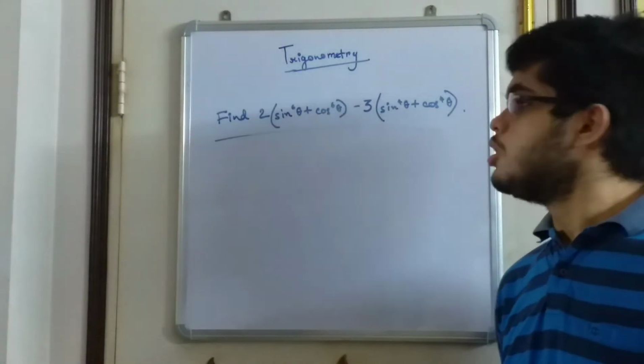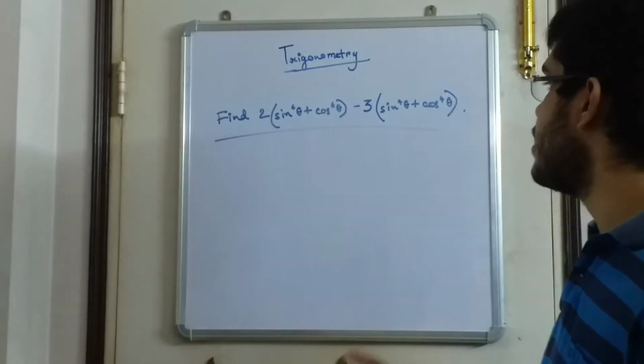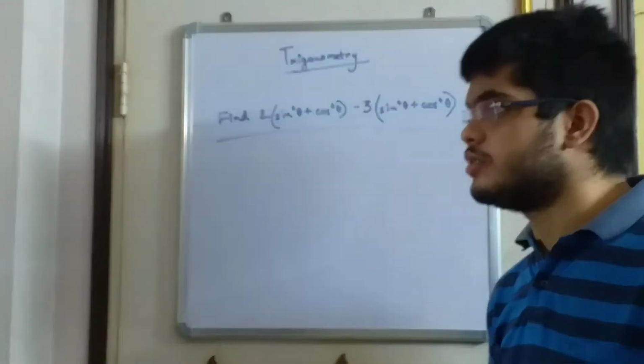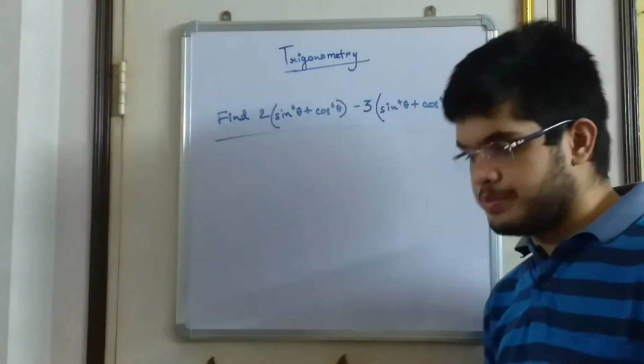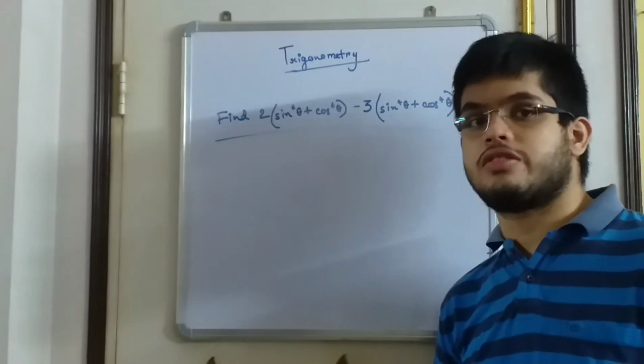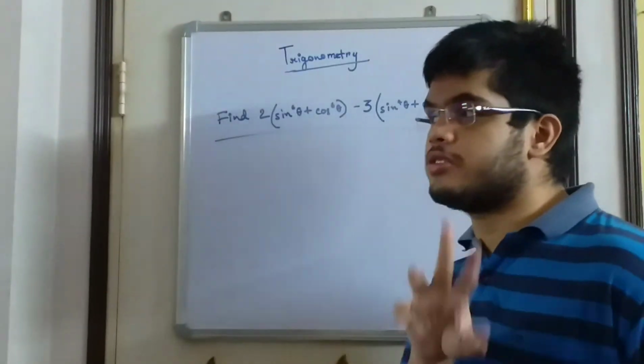Find 2 into sin to the power 6 theta plus cos to the power 6 theta minus 3 into sin to the power 4 theta plus cos to the power 4 theta. Solve this. Again use the first three basic formulae. Pause the video and complete the challenge. Meanwhile, I am also giving you the solution.